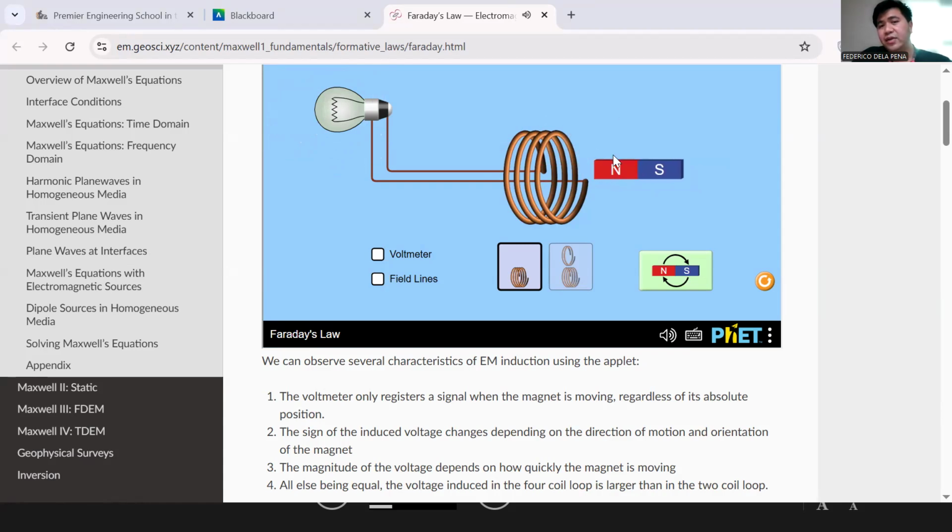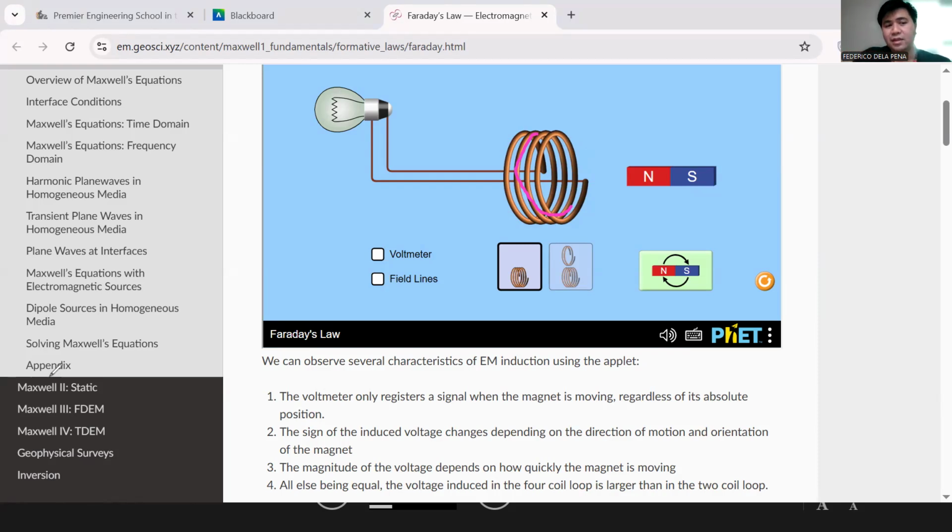And the consequence of that is the subsurface will naturally create or induce an electrical current. And in turn, that electrical current will also create another magnetic field, which can be detected by the electromagnetic instrument.